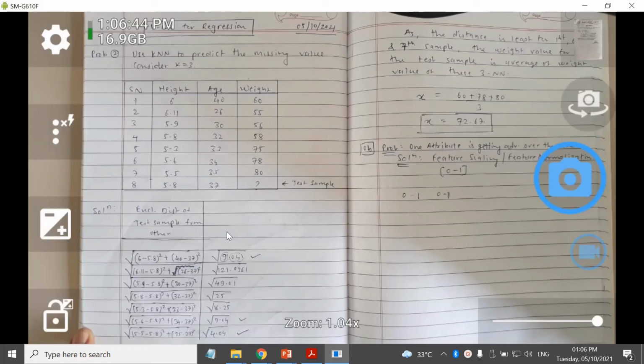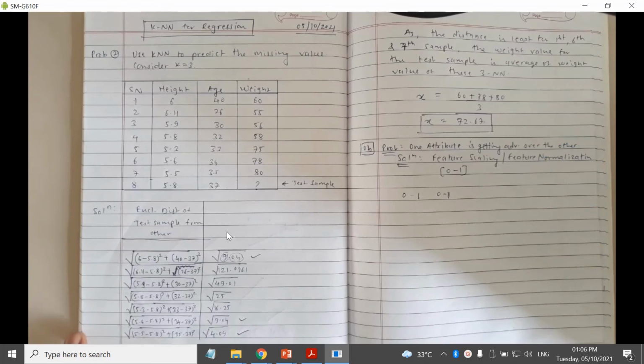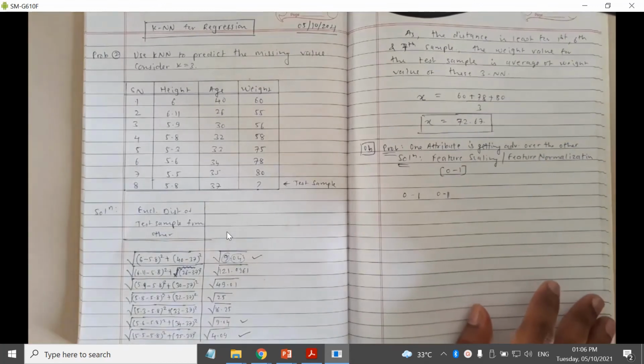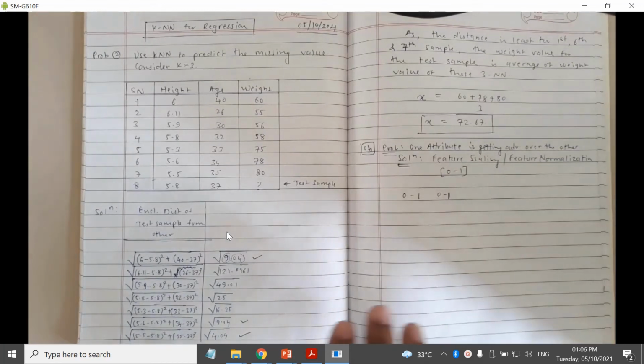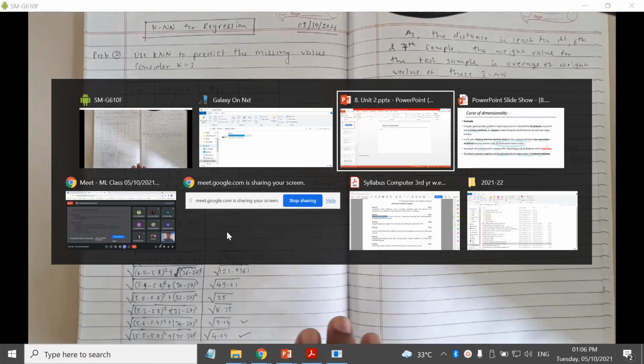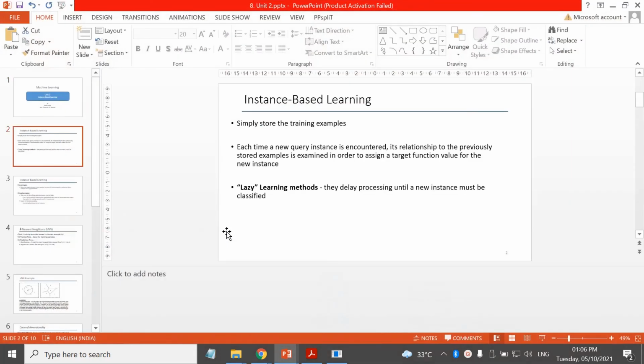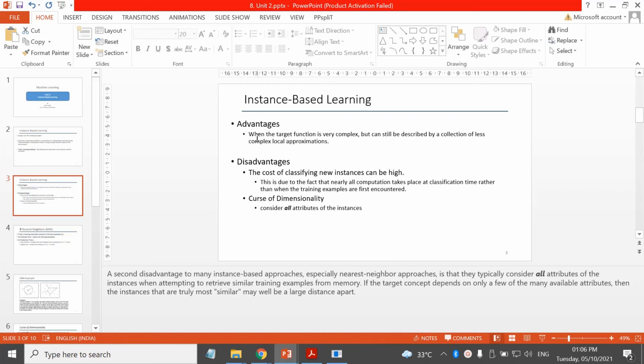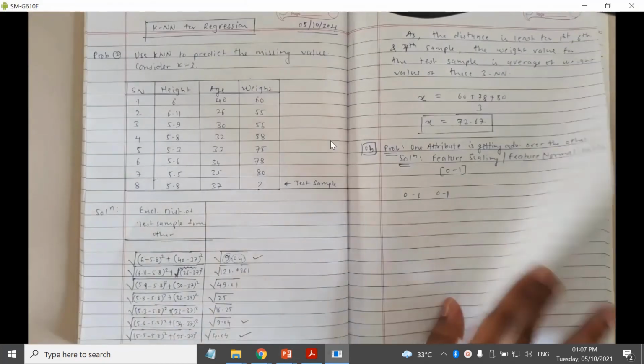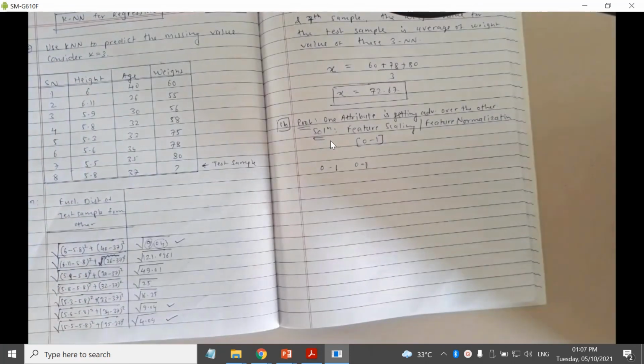Now we will discuss one example through which that advantage will be more clear to you. We have discussed this one advantage: when the target function is very complex, KNN will be the best option.